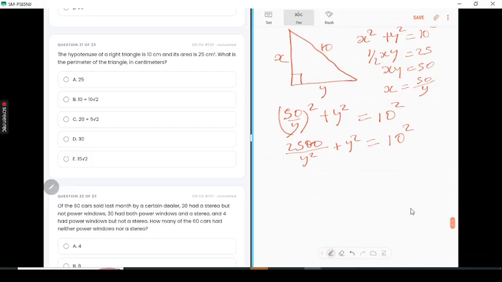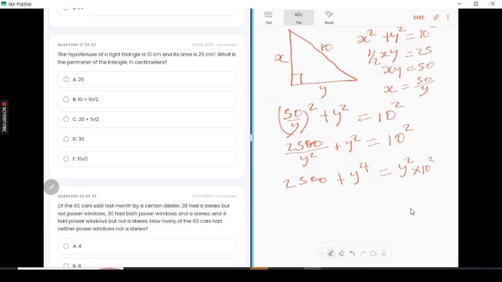The same way we multiply through by 3 to get rid of the fraction, here too we are going to multiply through by Y squared. If we multiply through by Y squared, what remains is 2500 plus Y raised to the power 4 equals Y squared times 10 squared.